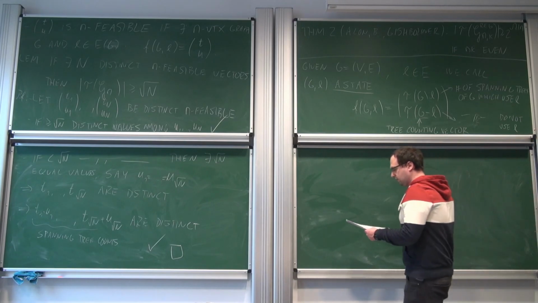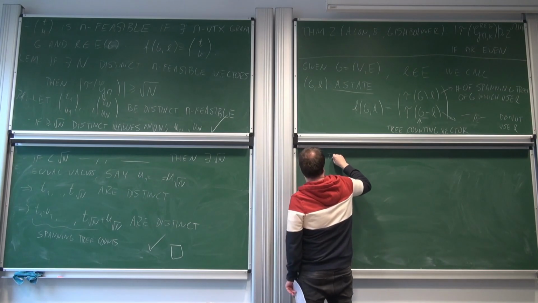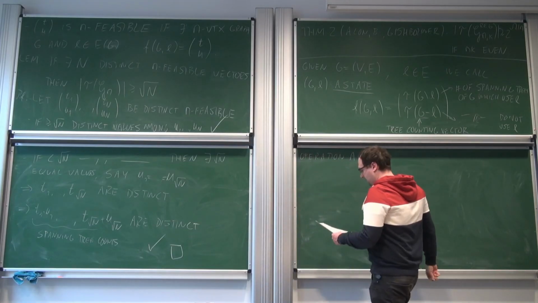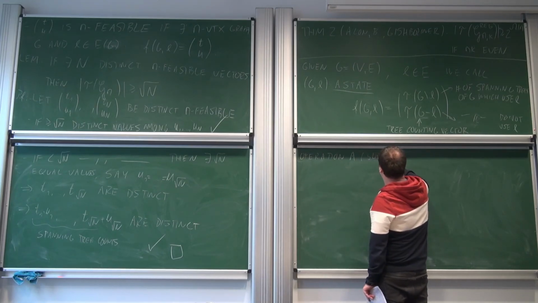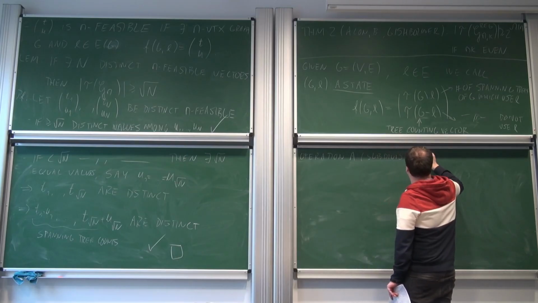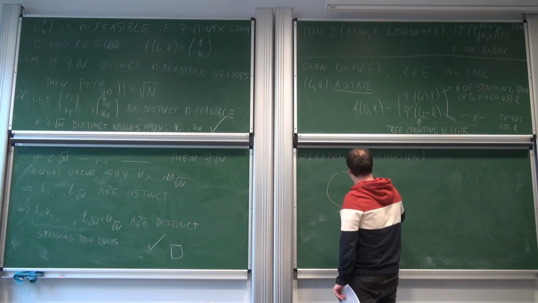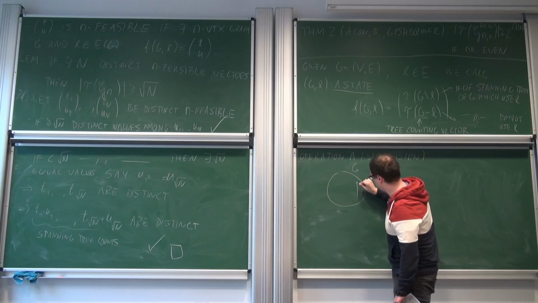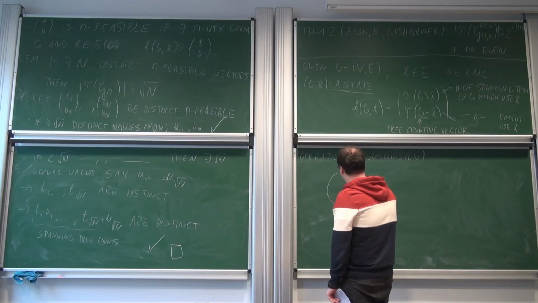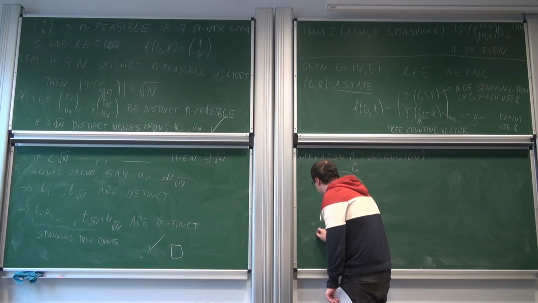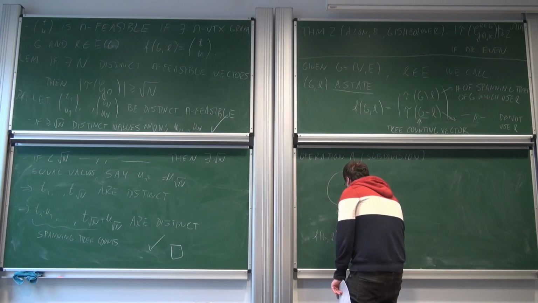Right, so let's call this operation A. Let's call this subdivision. Our input is a graph G and an edge E, and we know the tree counting vector. Let's say that f of G, E is (T, U).